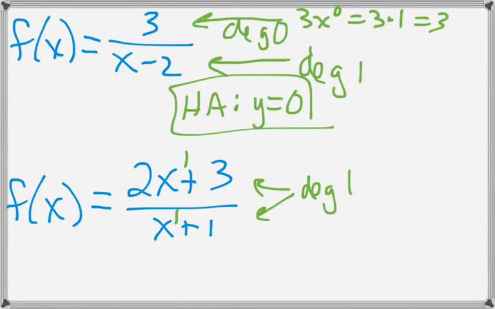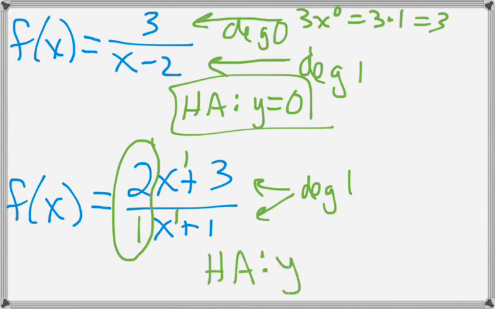So for example, we could have written the numerator as 3 plus 2x, and we would still say that 2 is the leading coefficient because it's on the highest powered term. So the leading coefficient in the numerator is 2, and the leading coefficient in the denominator is 1. And so what we do is we divide those. So we do 2 divided by 1, and the horizontal asymptote is the line y equals that number. So the horizontal asymptote for this one would be the line y equals 2.